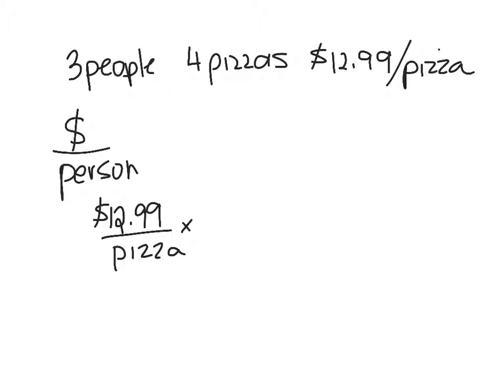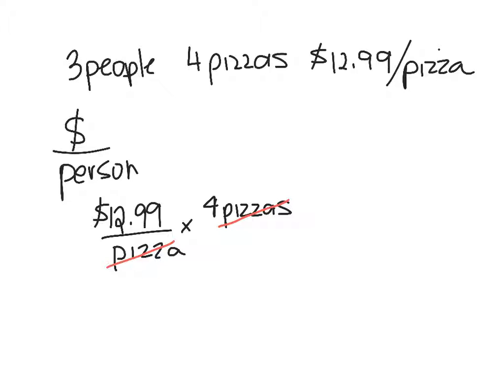We know we've got 4 pizzas, so I'm going to multiply this by 4 pizzas. Now pizzas will cancel. Not the 4, but the pizzas will cancel.